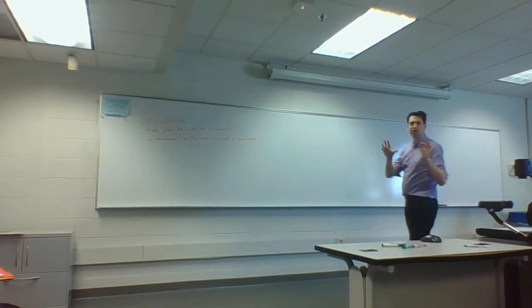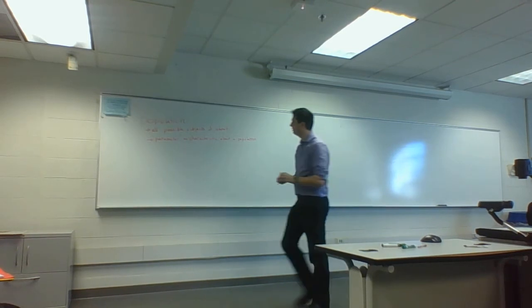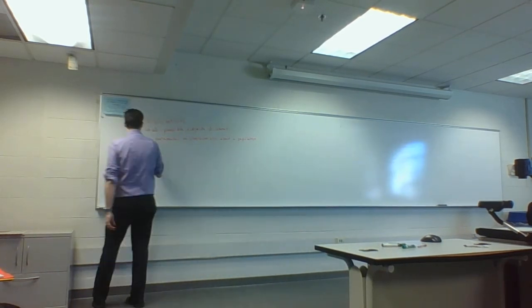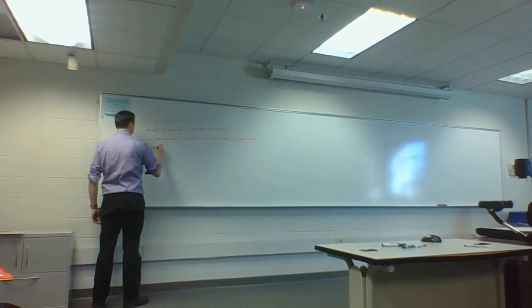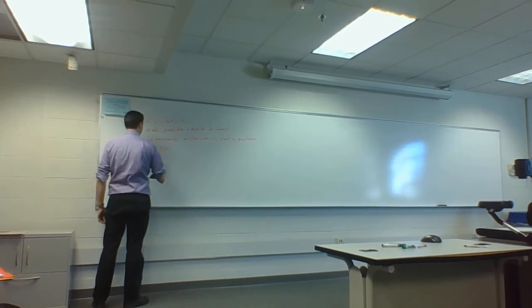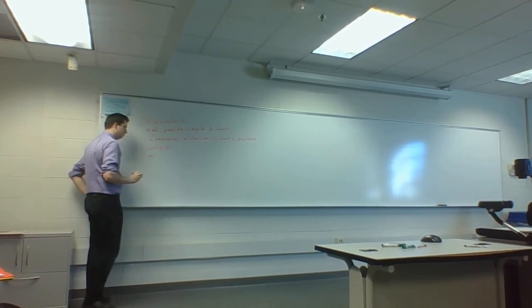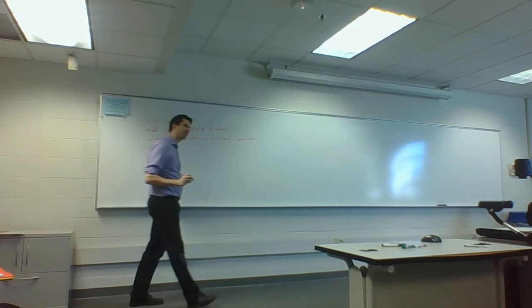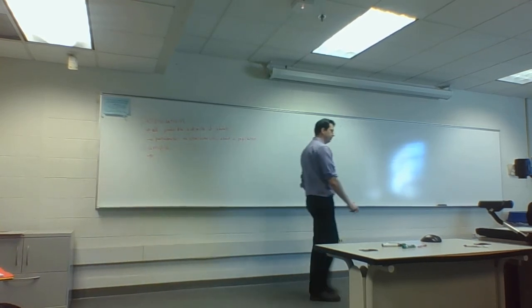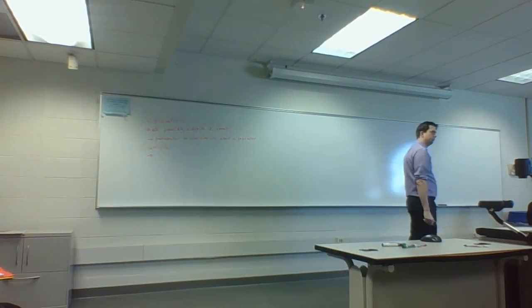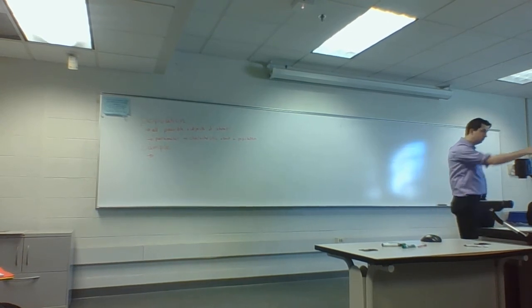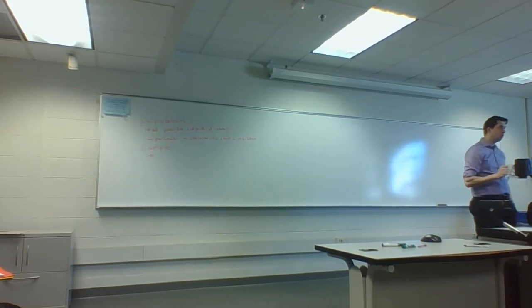So now that we have a good idea what we talk about when we talk about population, we can now define a sample. So, want to take a guess what a sample is? Raw data? Okay.